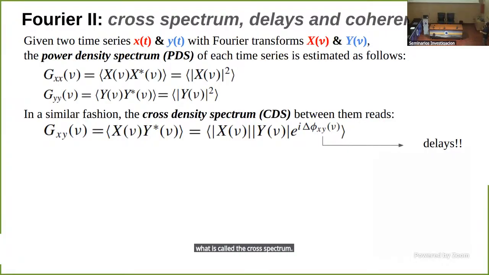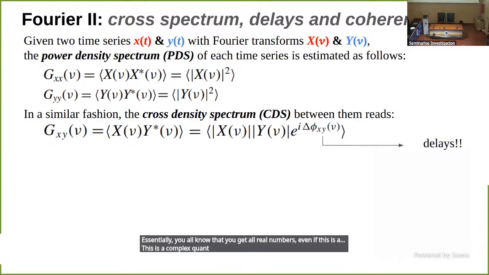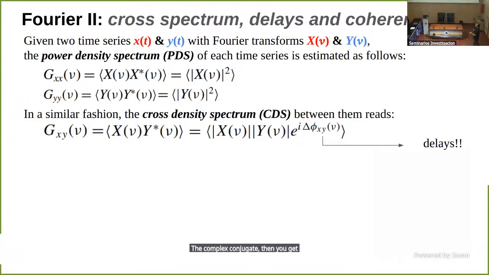So when you do the power spectrum, essentially you all know that you get all real numbers, even if this is a complex quantity and this is another complex quantity, since it is the complex conjugate, then you get real numbers here. But when you do it with different Fourier transforms for two different time series, then you get complex numbers as a result, right?